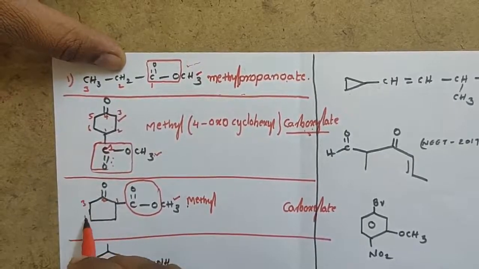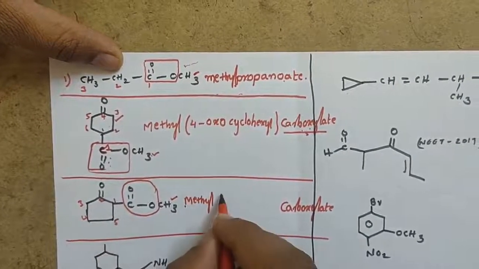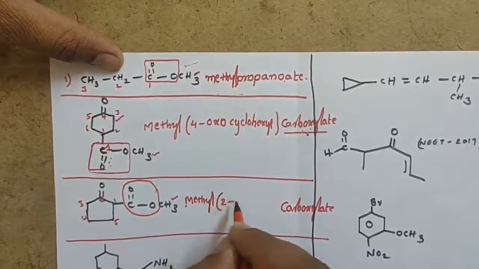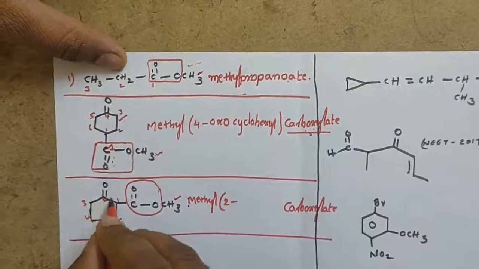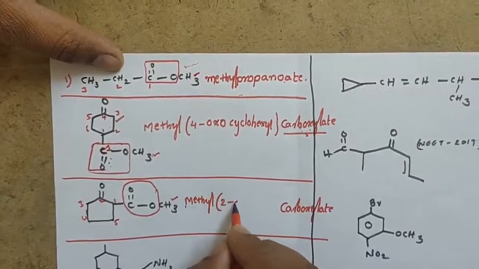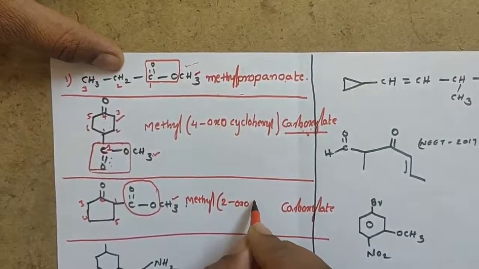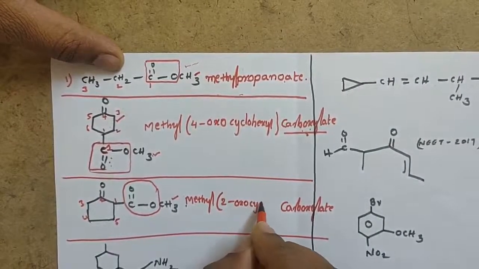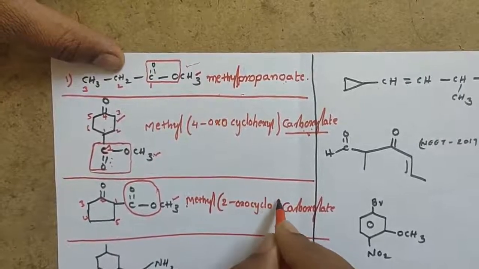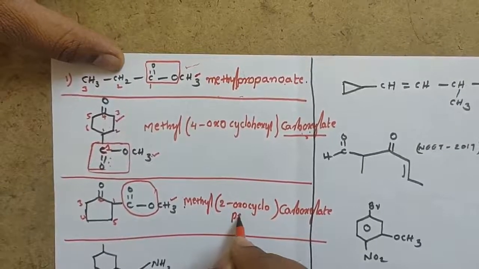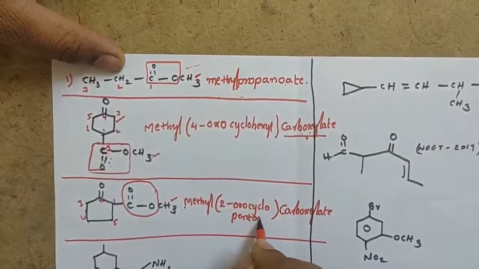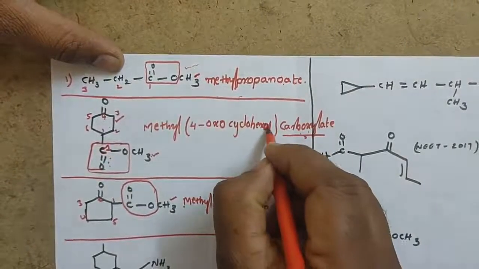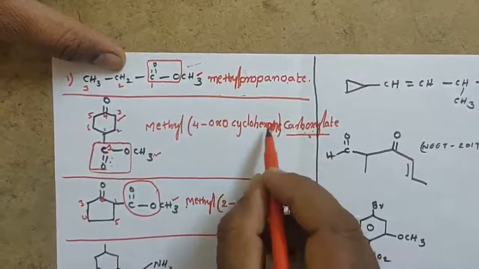Then numbering 1, 2, 3, 4, 5, there is a ketone at the second position. The prefix of the ketone is what? Oxo. Then cyclopentane. So here also it is cyclohexane, not cyclohexyl.